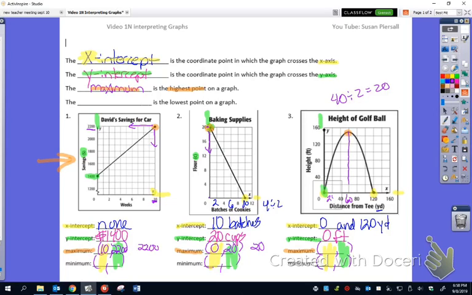So this is 20, 40, 60, 80, 100, 120. So this is 60. And then if I go across, again, 40 divided by 2 is 20. So 20, 40, 60, 80, 100, 120, 140. So halfway between 140 and 160 would be 150. And if I just wanted the Y value, it would be 150.